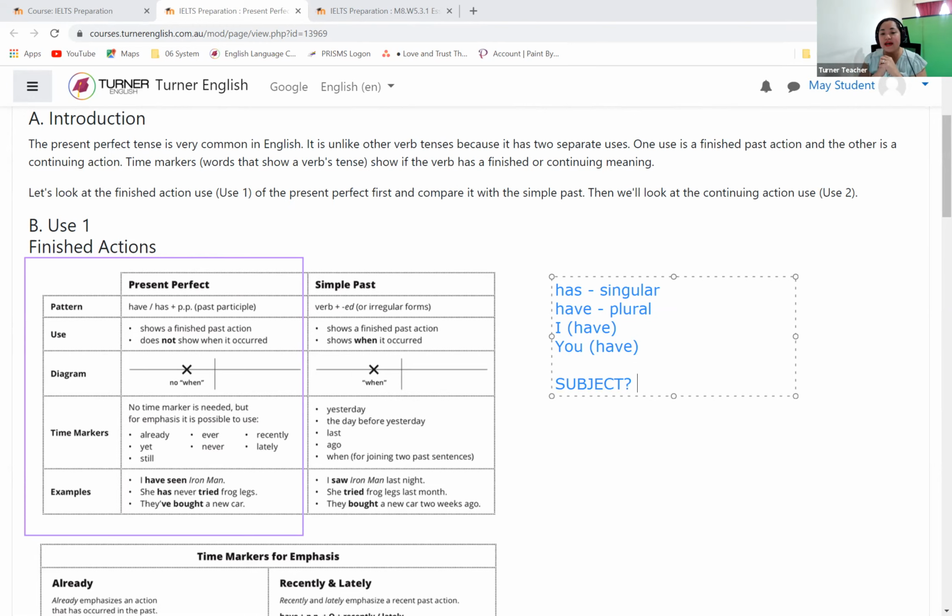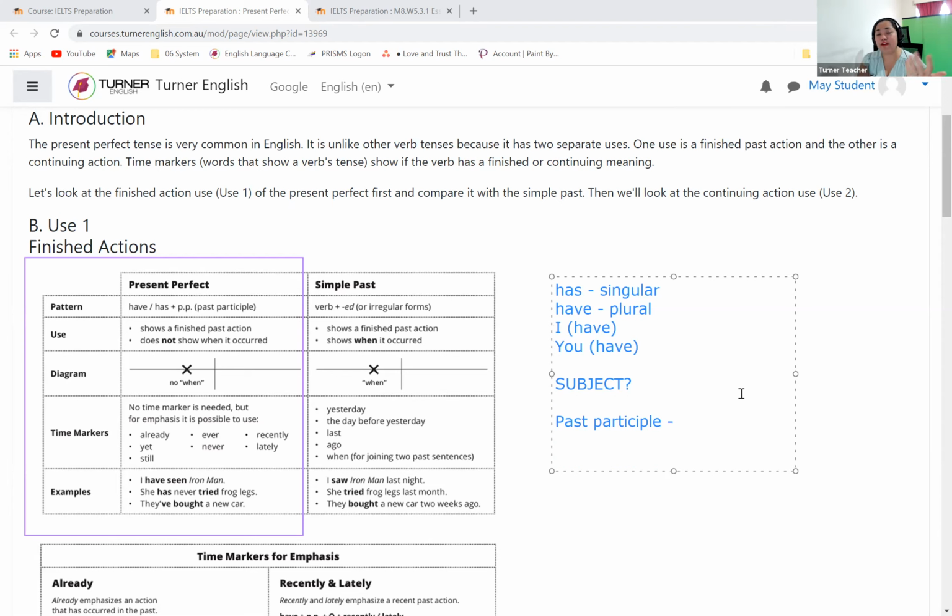Now, we have a has, or we have a have, and it is followed by the past participle. So the past participle is the third form of the verb. Do you remember past participle?